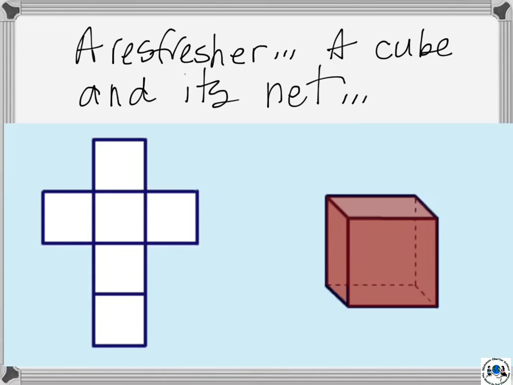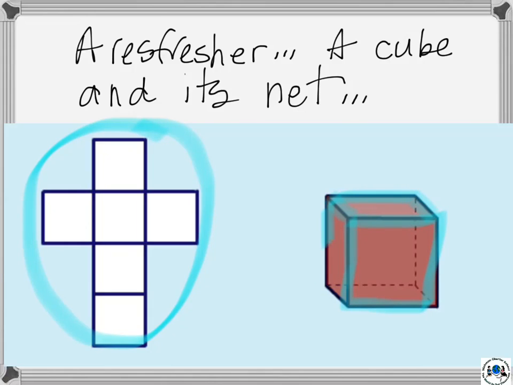Here's one of those. It's got kind of like a cross, and when folded up, makes a closed cube like this one here.